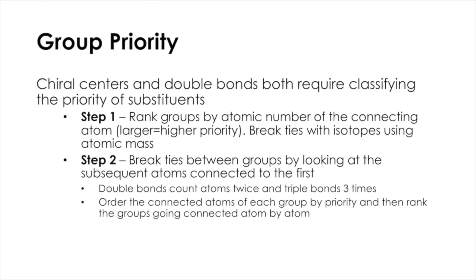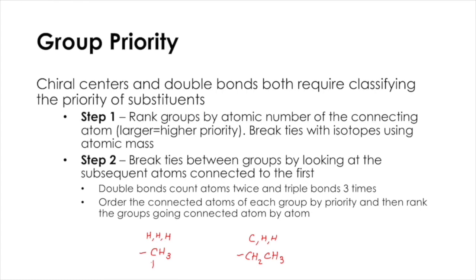So for example, a methyl, CH3, has hydrogen, hydrogen, hydrogen attached to the connecting carbon. An ethyl, CH2CH3, has attached to the connecting carbon a carbon, a hydrogen, and another hydrogen.